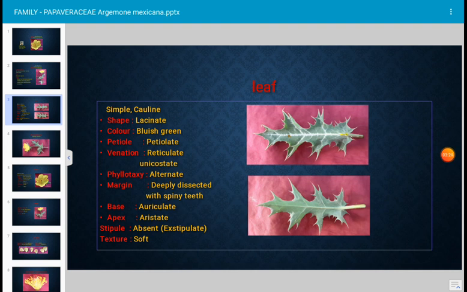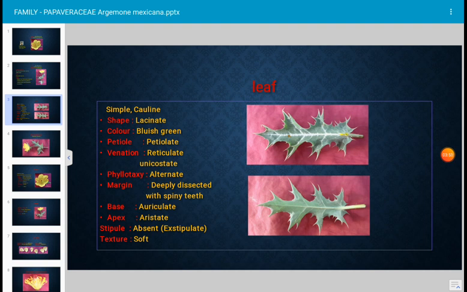And the base of the leaf is auriculate. Auriculate base means the leaf has lobes at the basal region on each side of its petiole. Such a leaf base is described as auriculate. And the apex of the leaf is described as aristate. What is aristate? That means having a spiny tip.